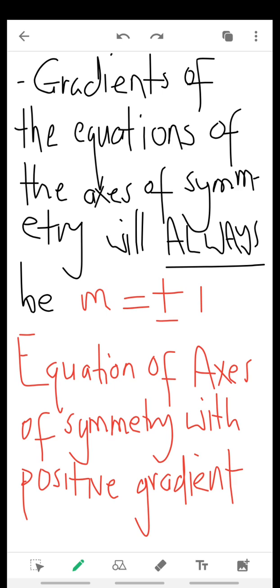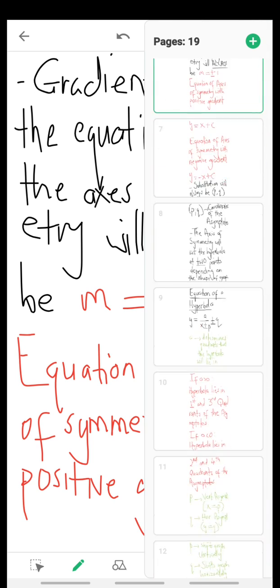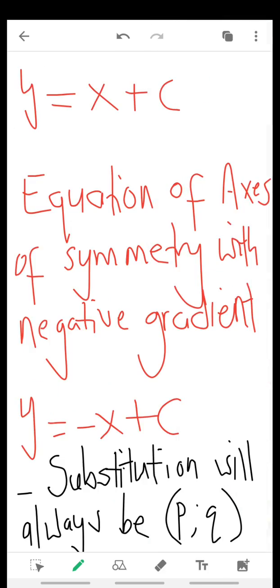Having said that, we want to look at the equation of the axis of symmetry with a positive gradient. Remember, those axes of symmetry are straight lines, so we're going to use the equation of a straight line where our gradient will be positive 1.